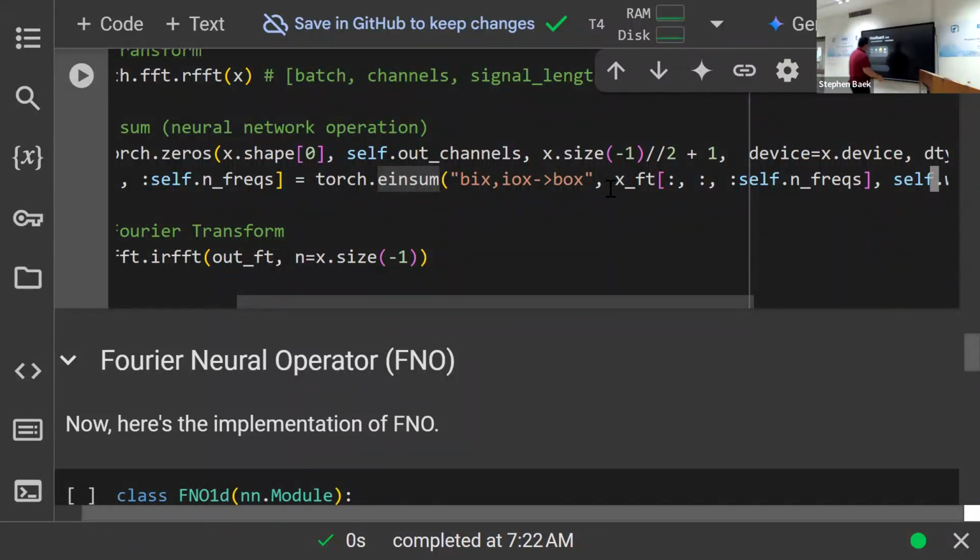So we have a tensor A, and the index of the tensor A is B, I, X, and then we have a tensor B, and the index of the tensor B is I, O, X, and then by Einstein notation, we are taking the summation in the direction of I to define the final output, let's say tensor Y, indexed by B, O, and X. Okay.